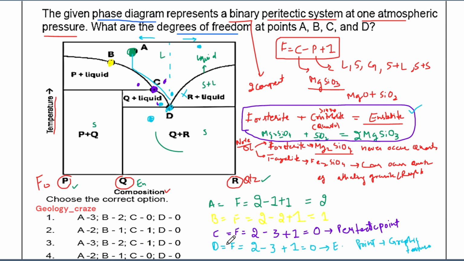We cannot change composition, because the degree of freedom is 0 and the composition is fixed at that point. We cannot change temperature, and we cannot change composition either. So that's why we use the peritectic point and the eutectic point.